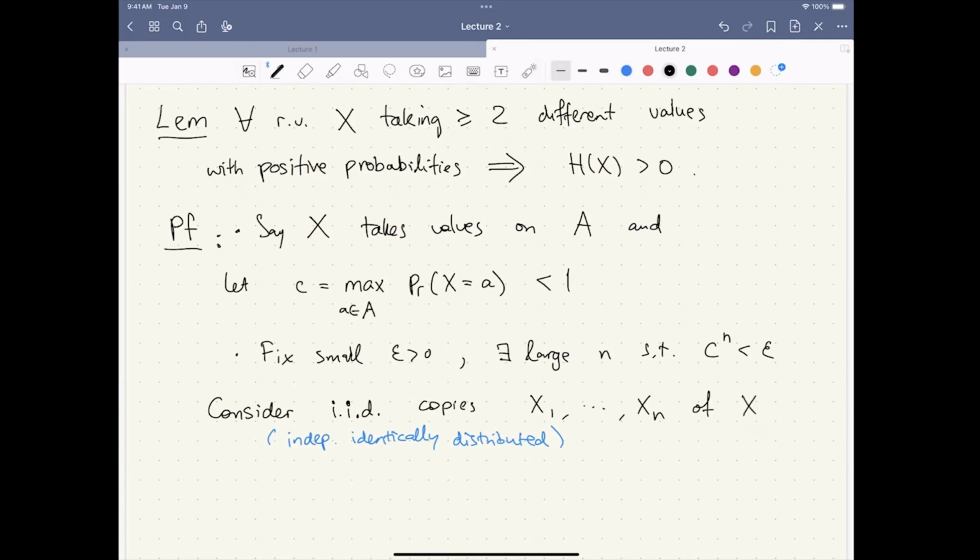Each one of them has the same distribution as X, but they are mutually independent.